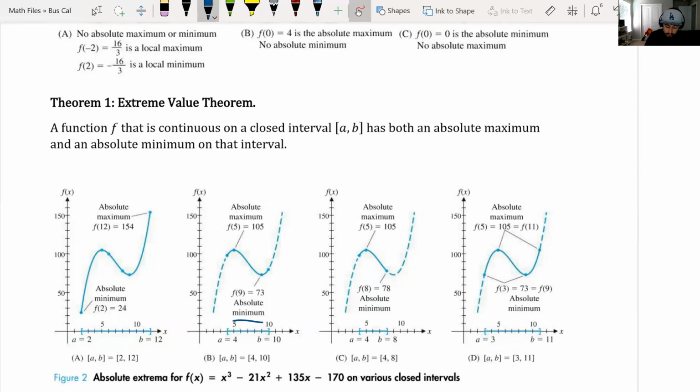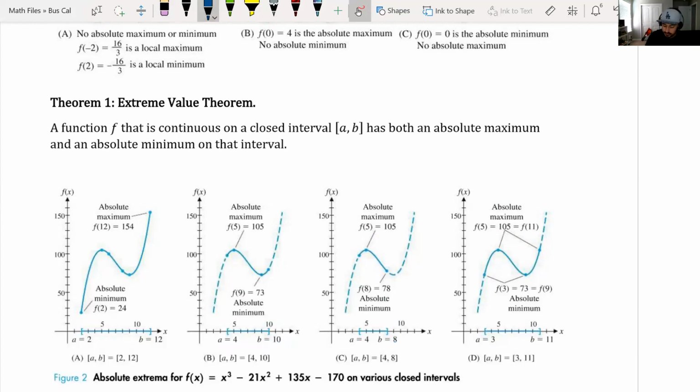The second graph, we change the interval from 4 to 10. Now our maximum and minimum change. My absolute max is now at 105. My absolute min is now at 73. And this only happens when you change the interval. Then on the third one, we change the interval again from 4 to 8. My absolute maximum stays the same at 105, but now my absolute minimum changes to 78.